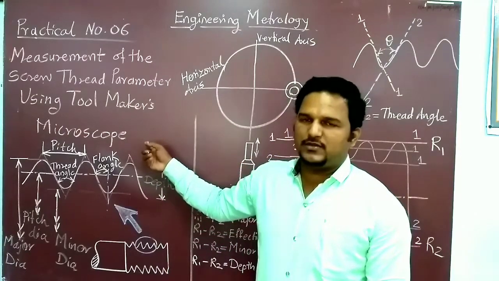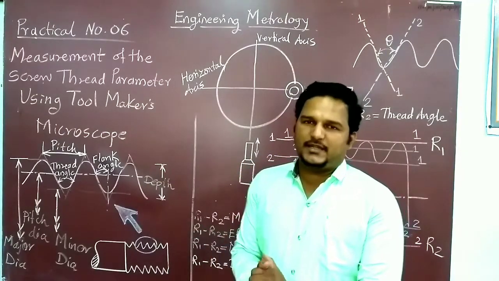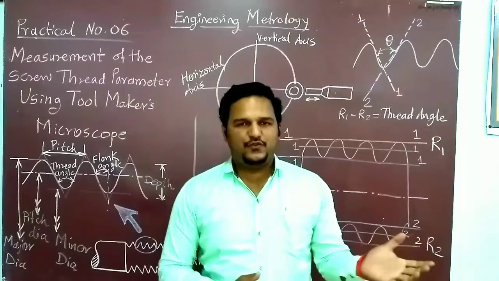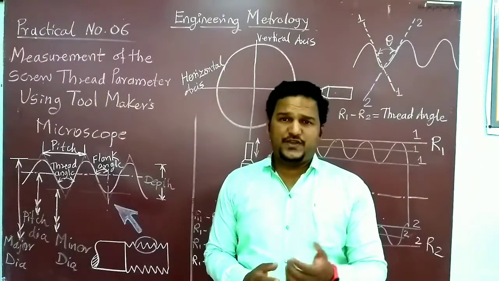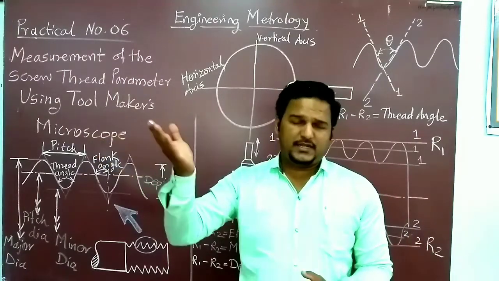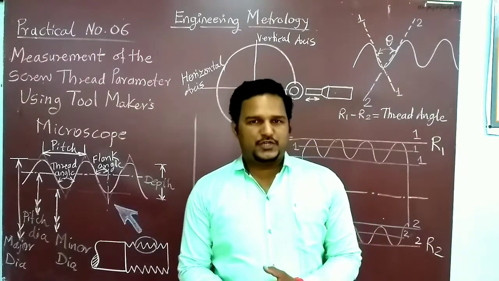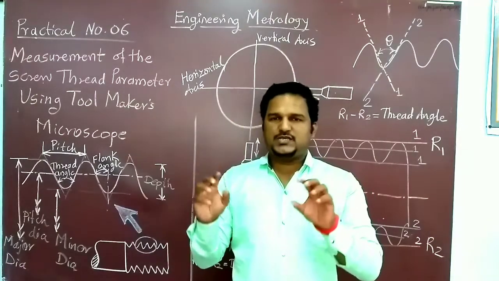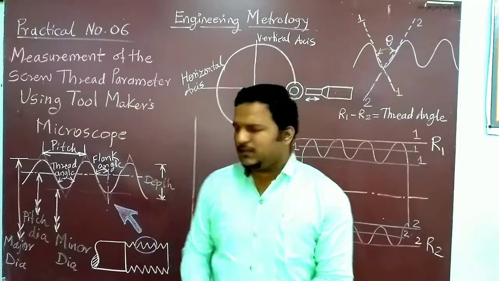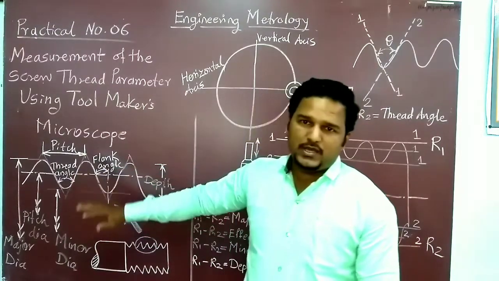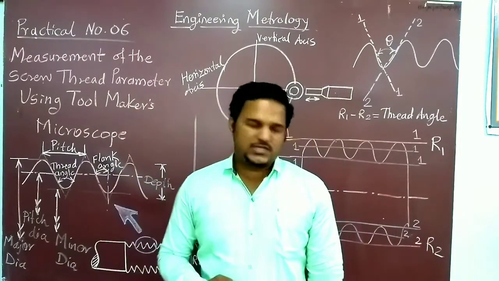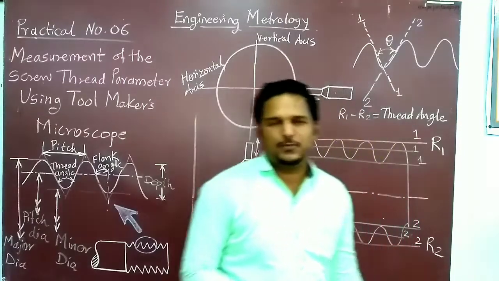Now how does it work, what is the basic idea, practical demonstration. In the next half of today's video, we are going to see the practical demonstration of the profile projector, in which we actually see the projection of each parameter and how we are going to measure. For that demonstration, we require some concepts to be clear.